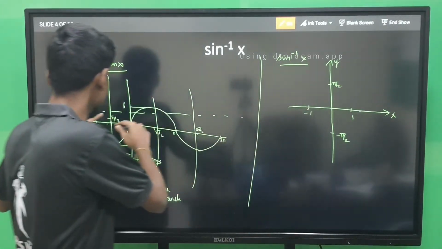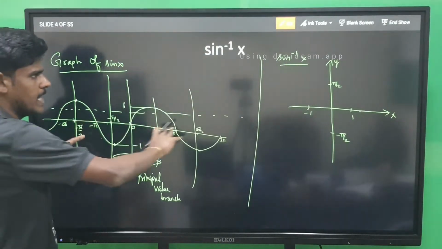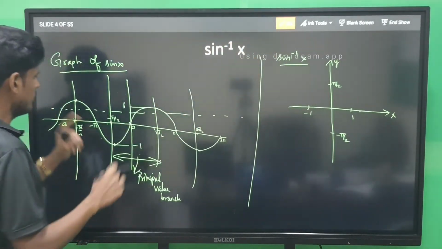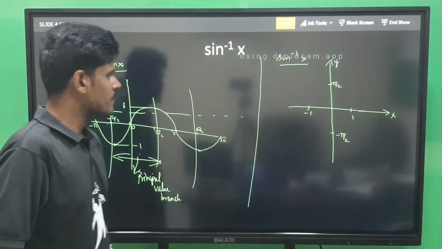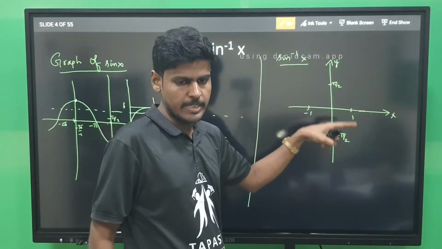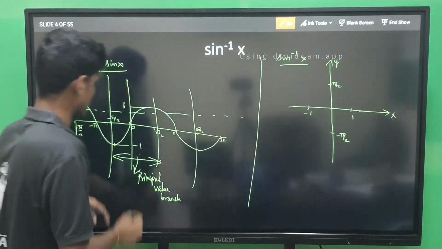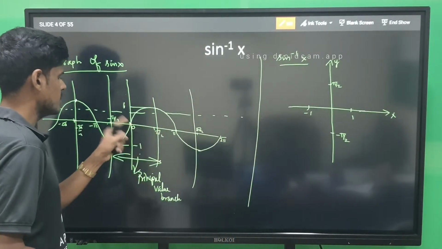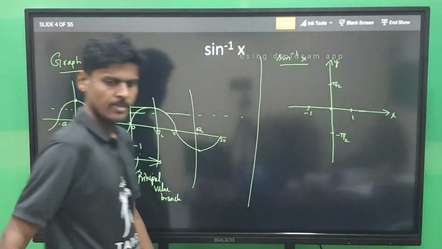Now mark the values. Just shift this curve to that side. How do we plot the sin inverse x curve from the sin x curve? Just replace the x and y variables, as range is codomain and domain is range. So sin of 0 is 0, so sin inverse 0 will also be 0.